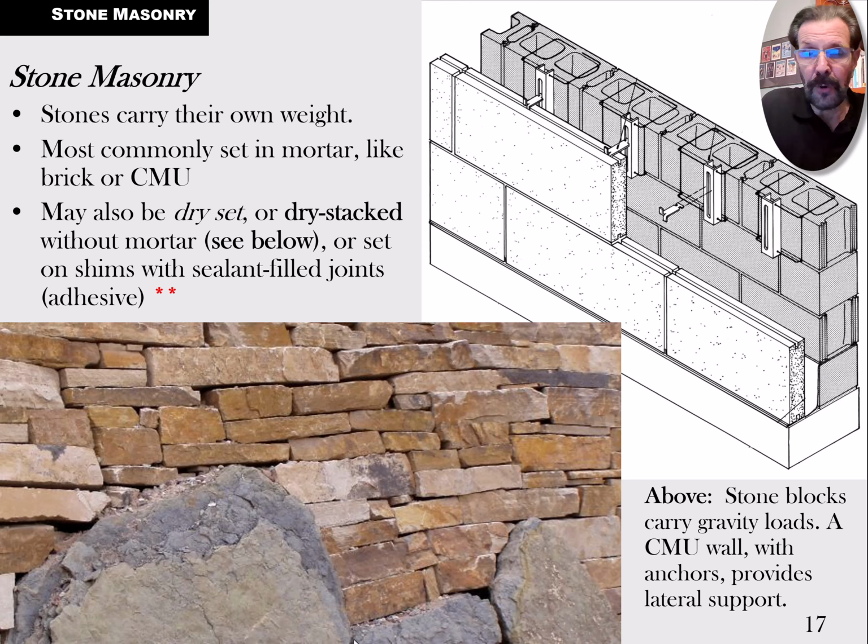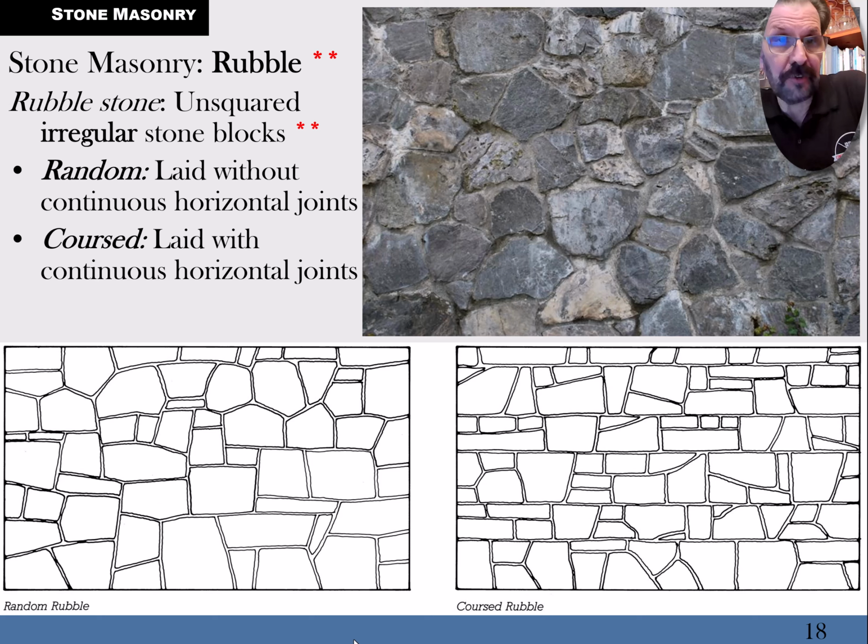Okay. Now, there's a couple of concepts or terms I want you to get straight here. First one is rubble. You see this wall picture we have up top? It's random pieces of rock that are fit together like a bunch of puzzle pieces. The reality is when you get a bunch of rocks on site, there is no picture you're going by. You just have to creatively find the rock that's the right size to fit in the spot.